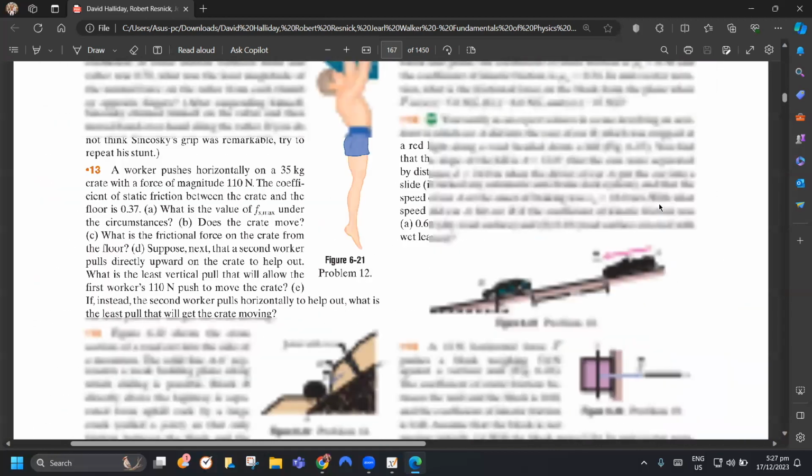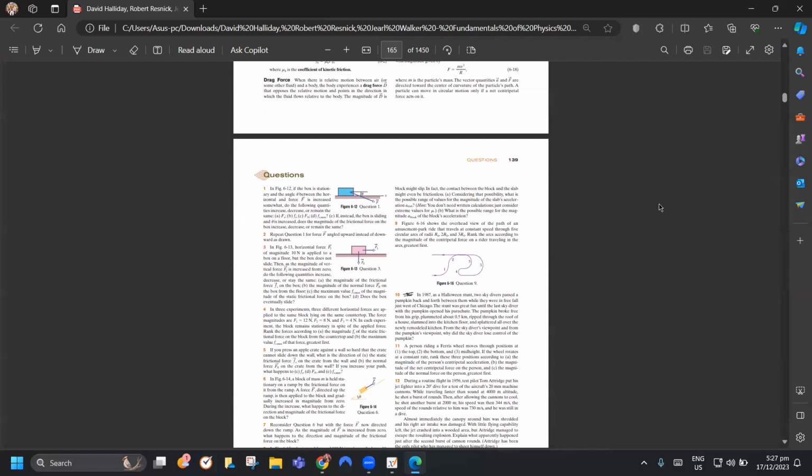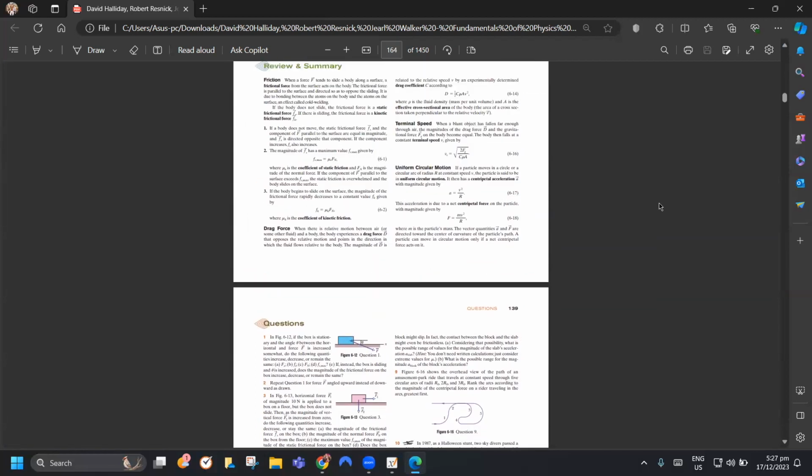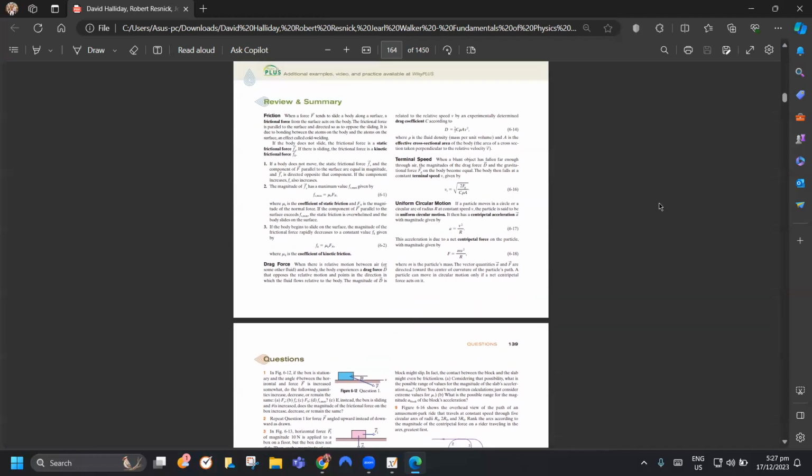So drag force D is 1/2 C. Tamo. Page 130 sa book, 156 sa PDF.